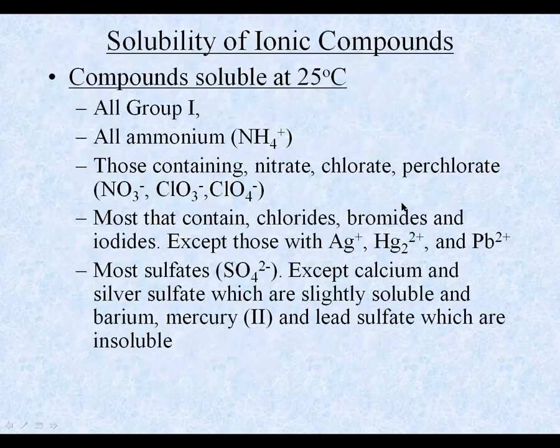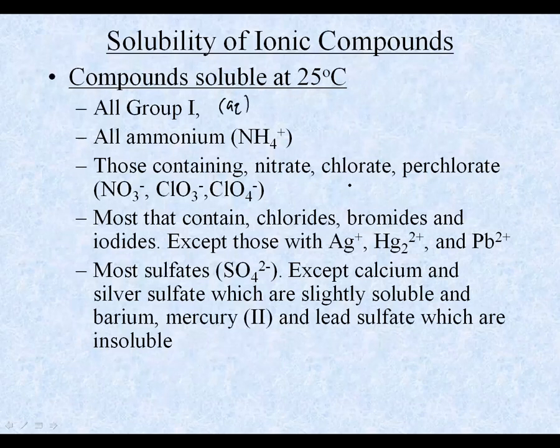So let's take a look at some of these solubility rules to help us decide. What we're looking at here on the screen are things that are typically soluble in water at 25 degrees. And again, this is just some of the rules here, but pretty much everybody in group 1 is going to be soluble, which means as soon as you see any formula that contains an element in group 1 on the periodic table, it's pretty much a safe bet that it is going to be soluble, which means all those guys will get that aqueous symbol next to it.